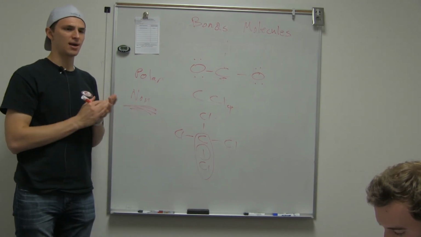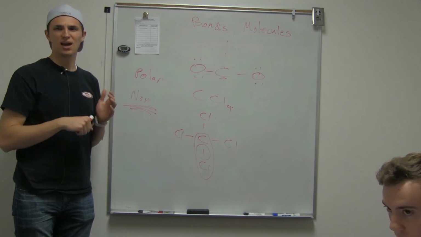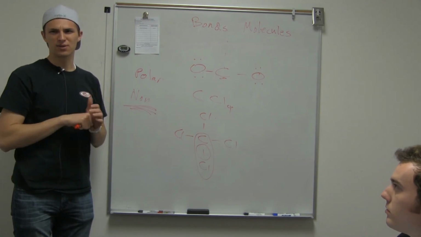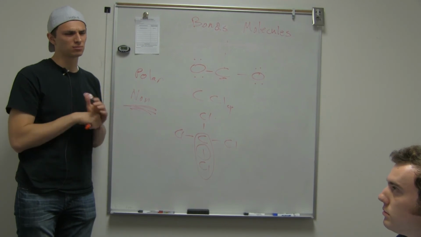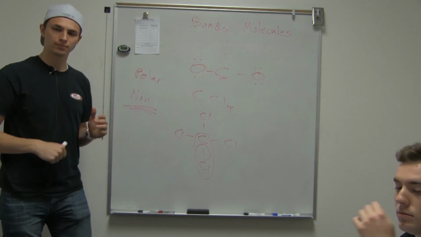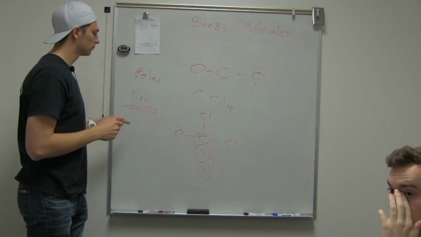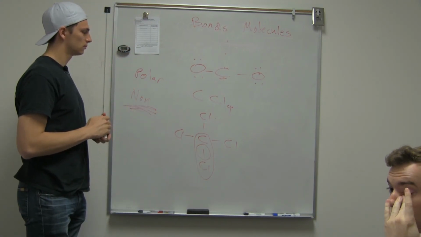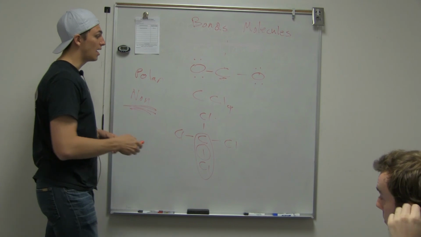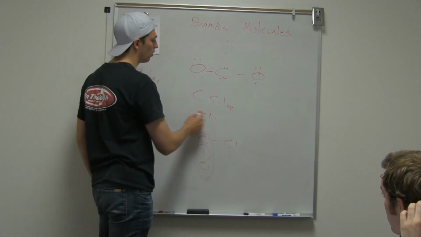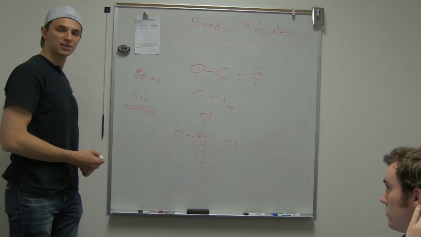You don't want to check me on that. There's a difference of 0.4. I think that's the smallest difference. Okay, I'm not sure. So in this case, there are polar bonds present, but the molecule itself is nonpolar. Yes, polar bonds, but the whole thing, yeah, exactly, you said it.